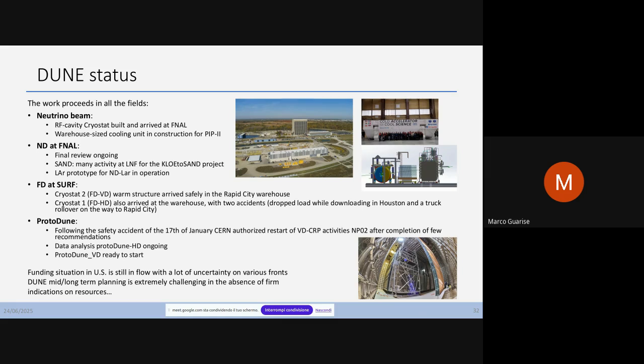Apart from the scientific questions, the funding situation in the US is also not clear at all. So this is something we have to take into account, especially for phase 2 of the project, the long-term part of it.